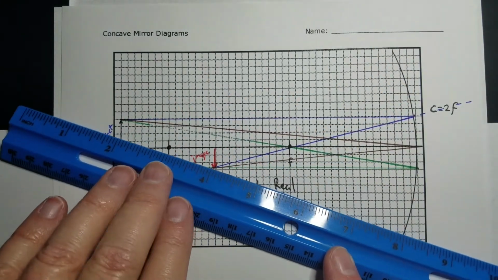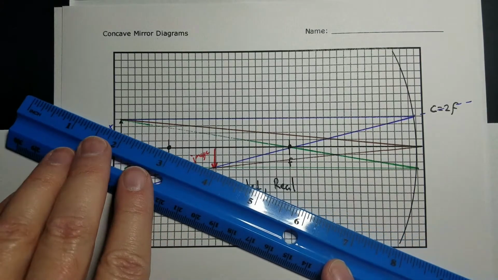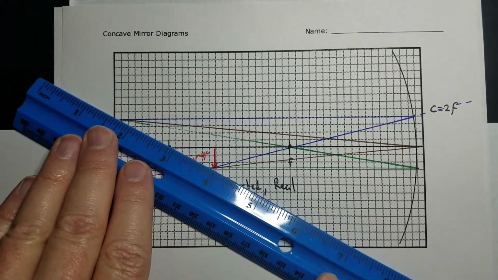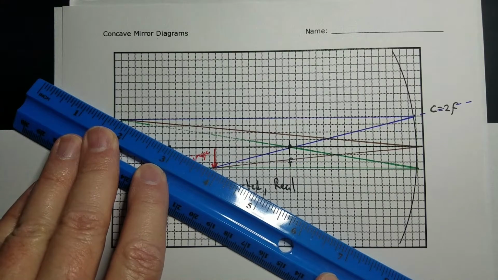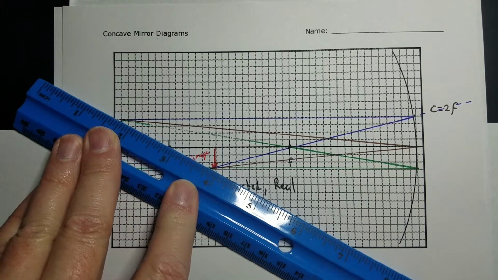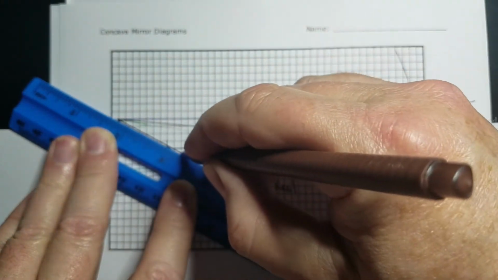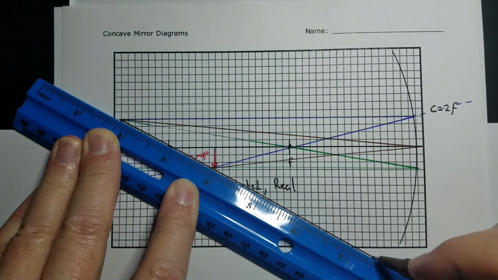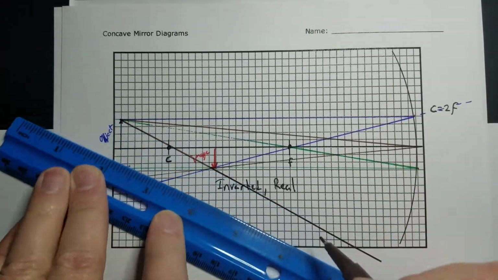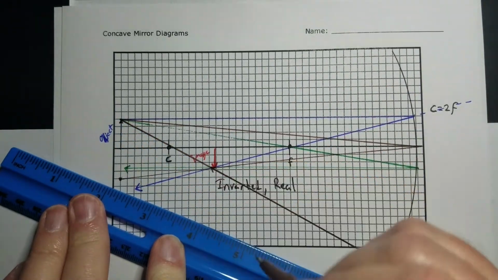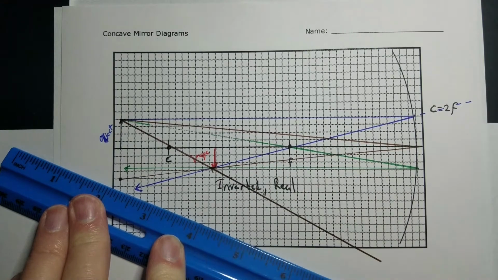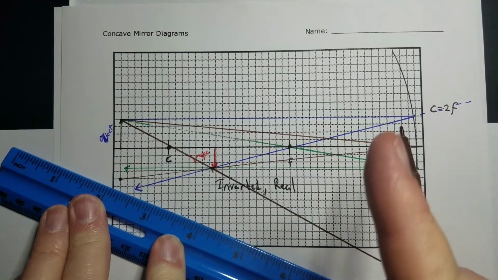So if we go through the top of the object through the center of curvature, that beam of light would hit the mirror and bounce right back off. All three should cross at the same point. So that's a fourth ray that you can draw. Almost left that one out.